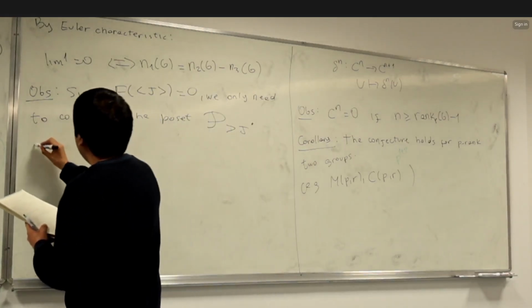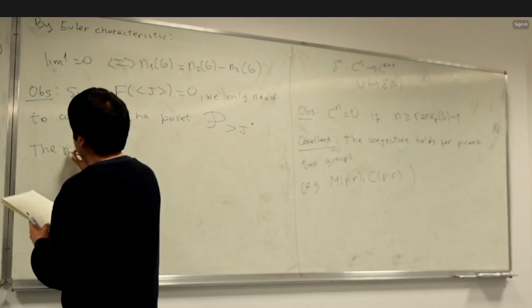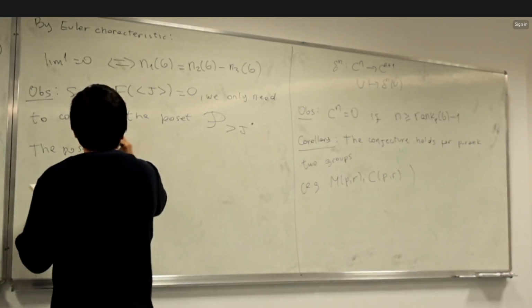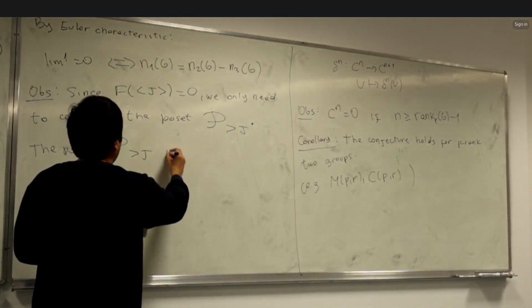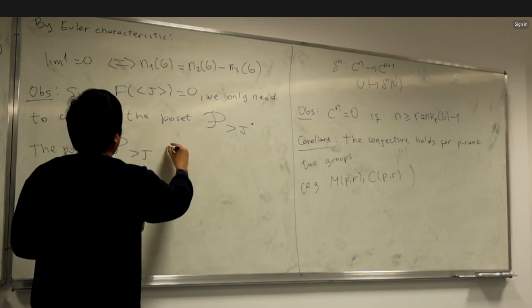And on the other side, the poset of objects that externally contains J has height 1.